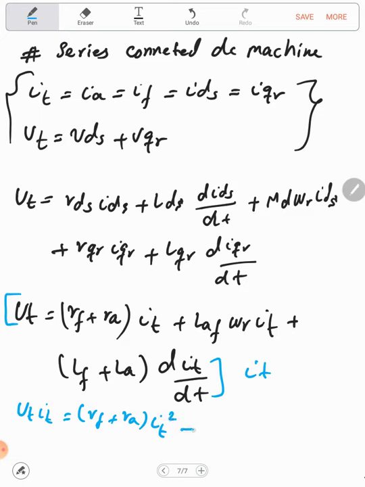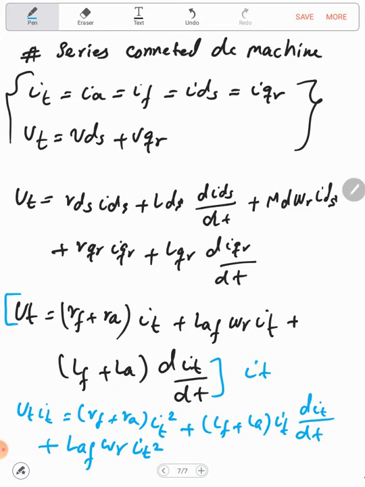And here we'll have the LF plus LA IT dIT by dt, which is the rate of the change in the field energy. And finally here we're having the developed power, which is the LAF omega R IT square. And from here we can calculate the torque.